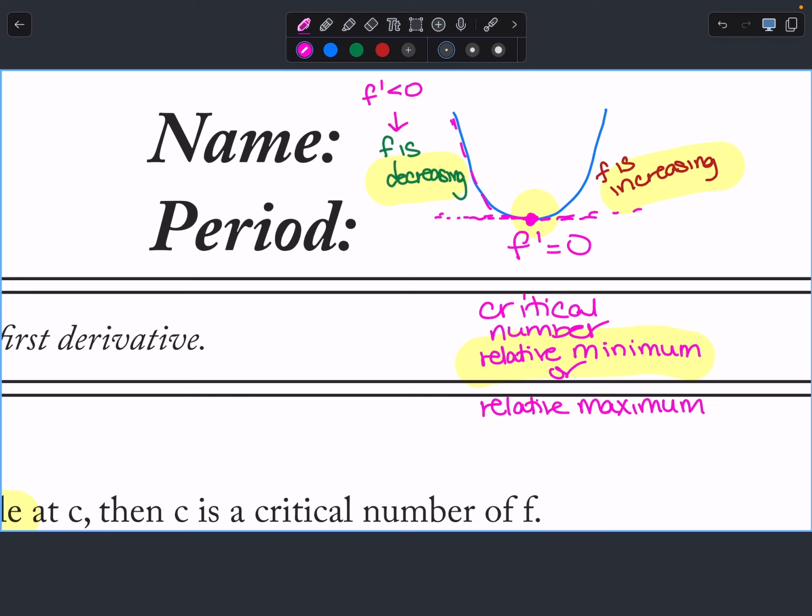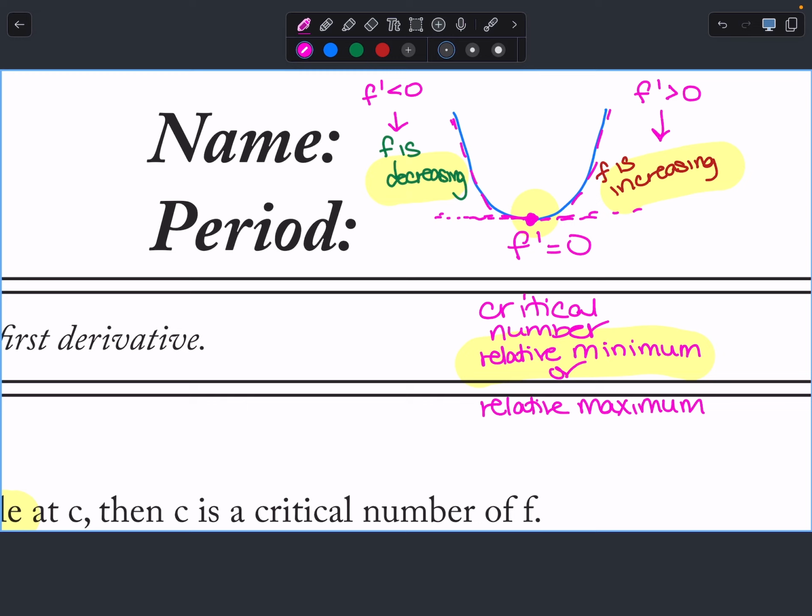So anywhere that the function is decreasing, my derivative is less than 0. And then if I drew little tangent lines here, and my derivative had positive slope, so my derivative was bigger than 0, we would say that f is increasing.